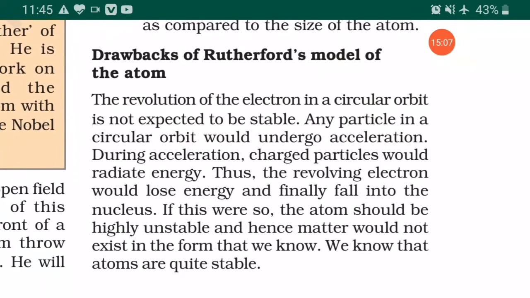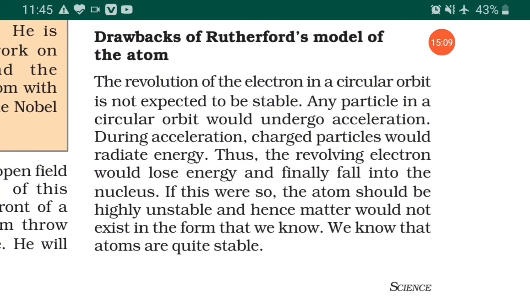So the drawbacks of the Rutherford model of an atom, that we will see. The revolution of the electron in a circular orbit is not expected to be stable. Any particle in a circular orbit would undergo acceleration. During acceleration, charged particles would radiate energy.